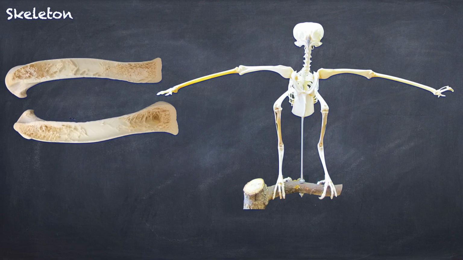So we can see here these little spicules running along stress lines, and this is going to provide maximum strength with minimum heavy hard tissue. Okay, we also see that there is a reduction and a loss of digits, which is going to save weight, as well as a loss of teeth.